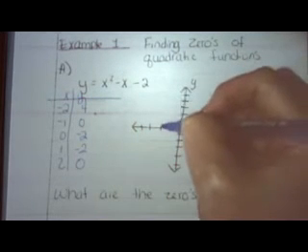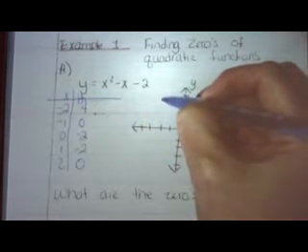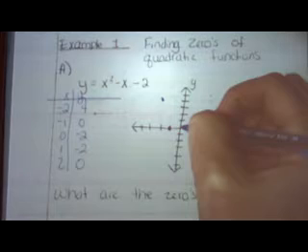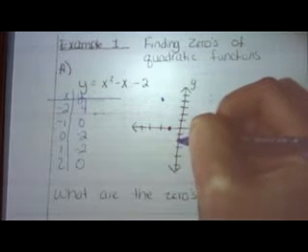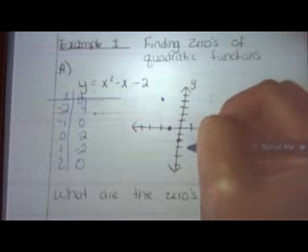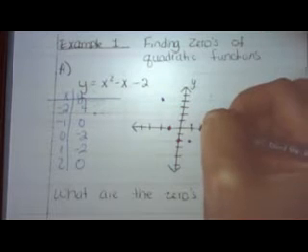I have negative 2, 4. Negative 1, 0. 0, negative 2. 1, negative 2. And 2, 0.